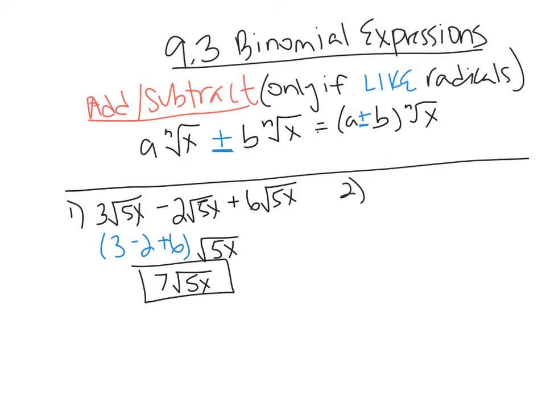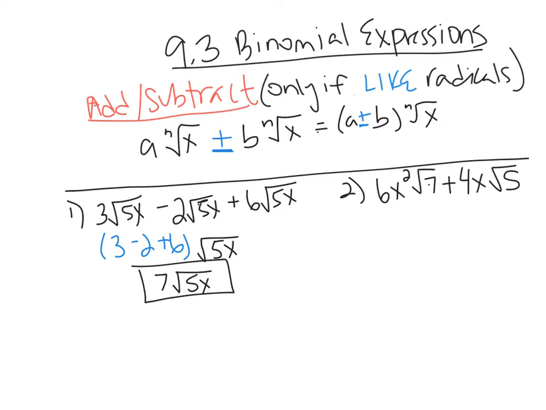So let's try another one. What if we have a 6x squared square root 7 plus 4x square root 5? Can we simplify this? So look here, do we have like radicals, root 7, root 5?